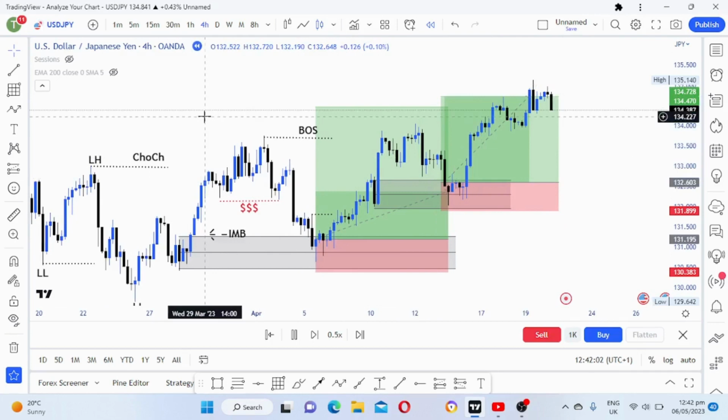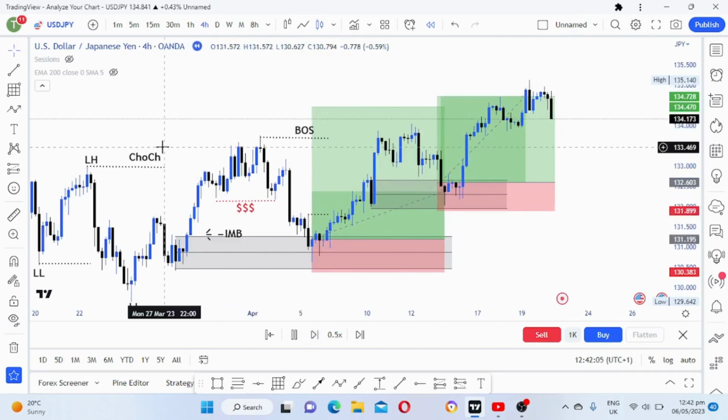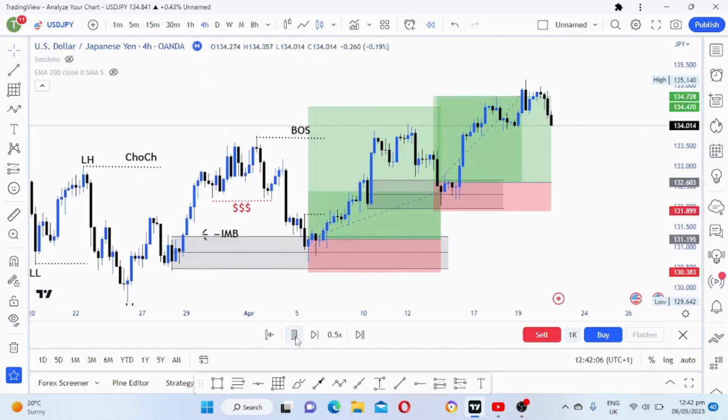You see, our TP has been hit. As you can see, guys, simple as that.